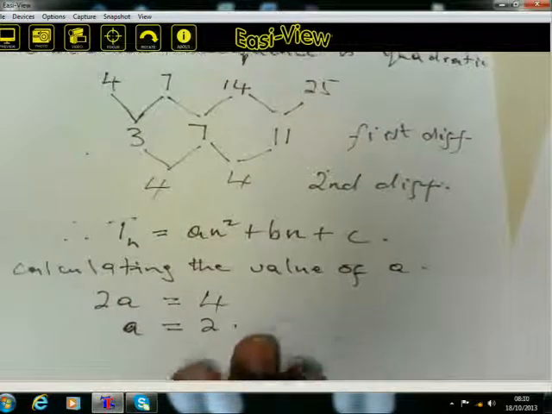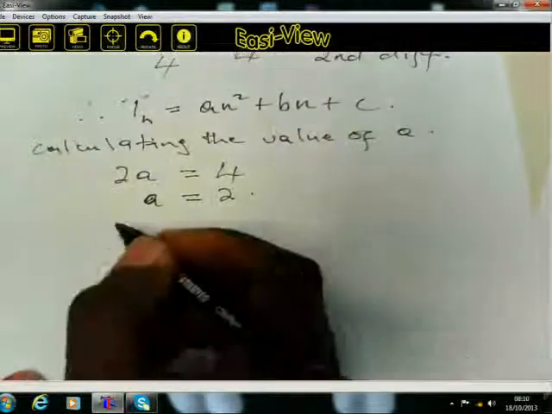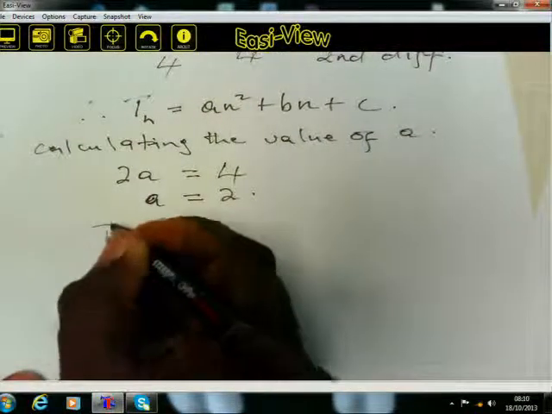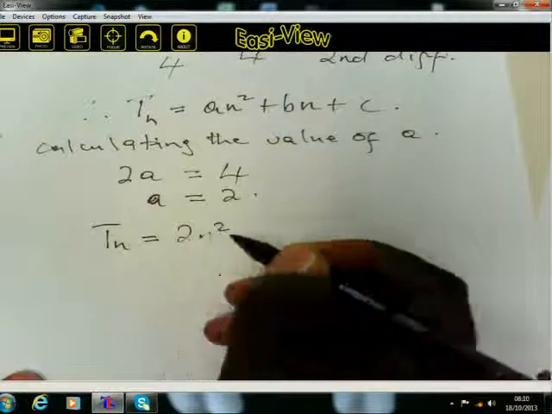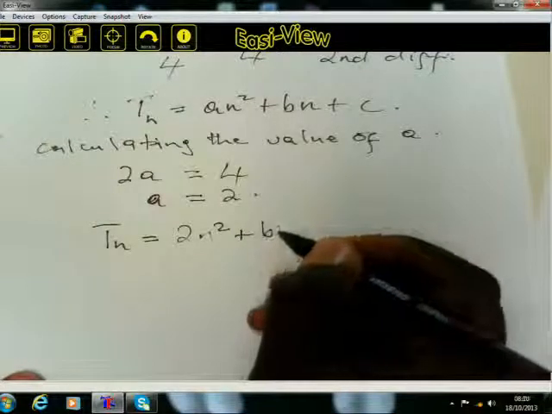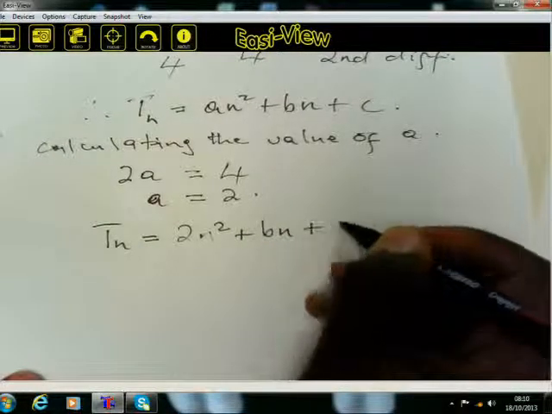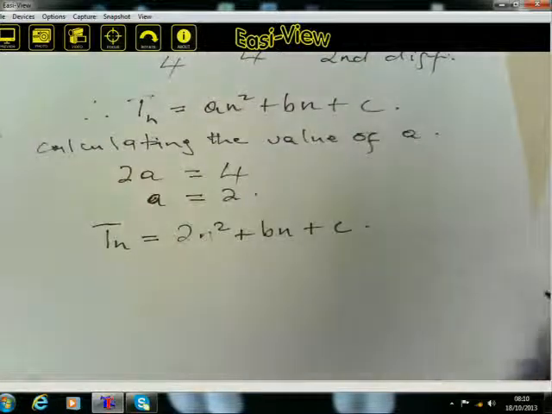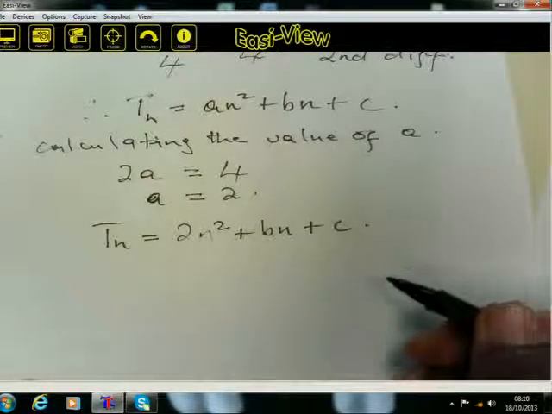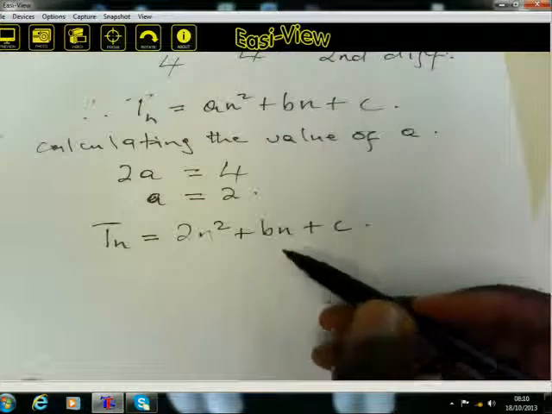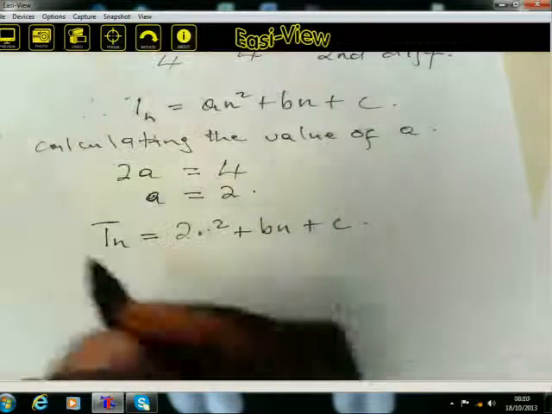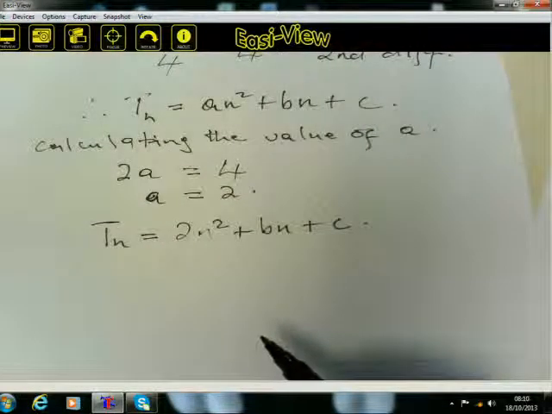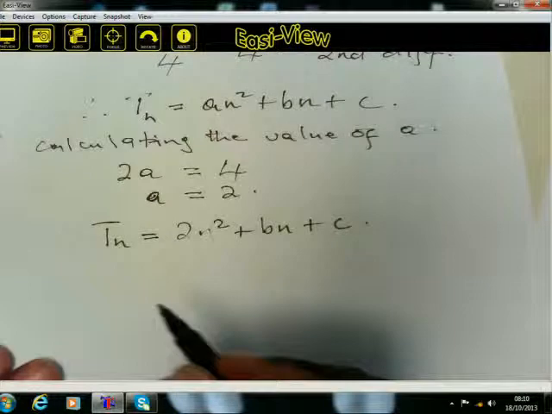Now, in the equation, since we have a equal to 2, then Tn will be equal to 2n squared plus bn plus c. Now, it will be easy for us to get what? b and c. Now, 4 is the first term. If 4 is the first term, what is going to happen here?